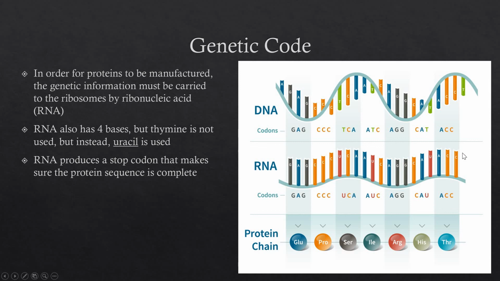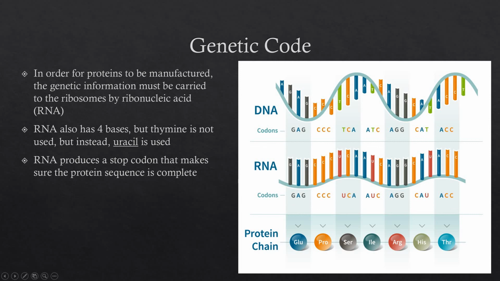RNA is only single-stranded instead of double-stranded like the DNA. But what it does is it actually tells the ribosomes what to do based off the information it gets from DNA. And then it creates your protein chains that you're going to learn later on, either in grade 12 or first year, about how protein is structured.